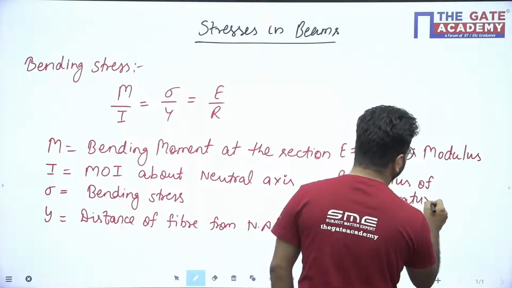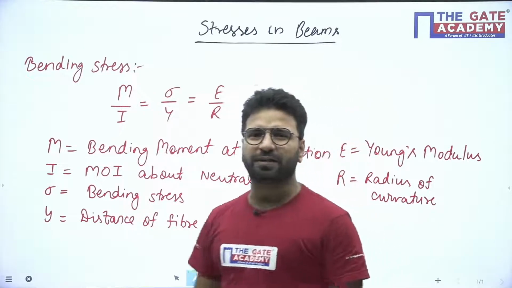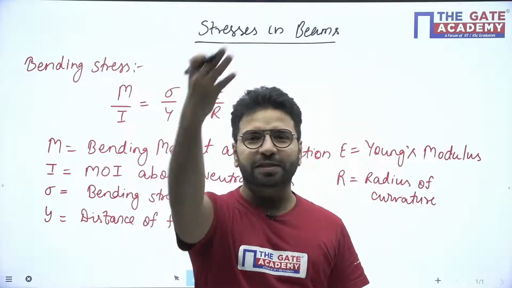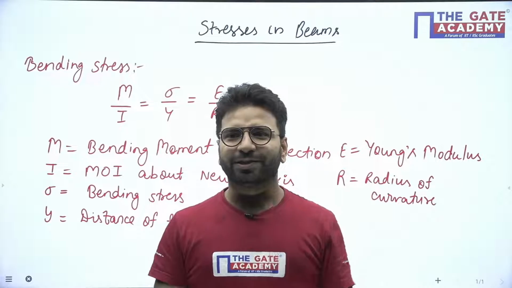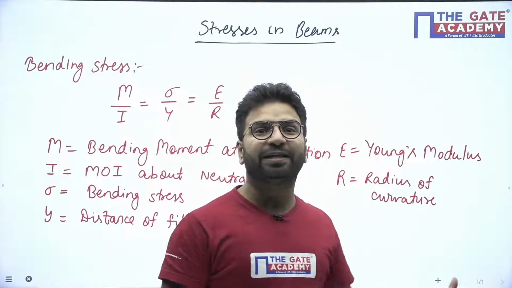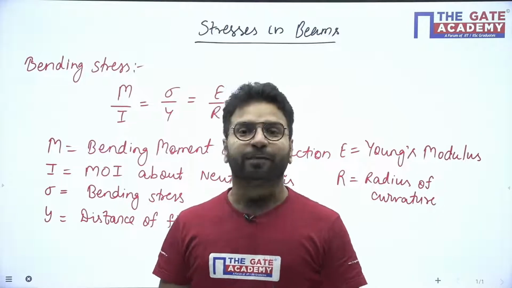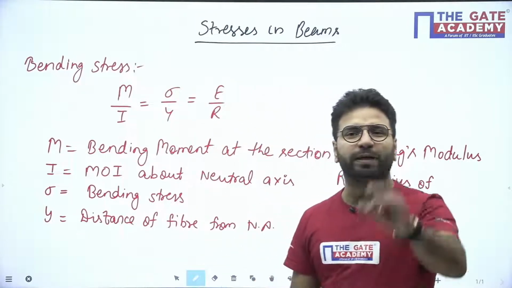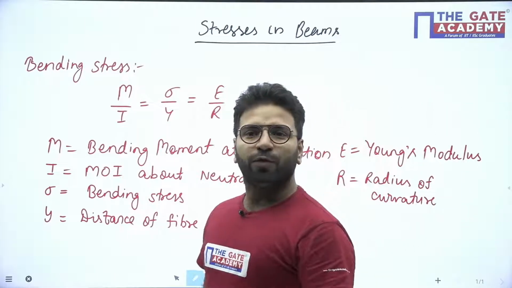You will ask me, sir, how is the radius coming into the picture? The chapter is bending stress, and the radius is coming. Radius we generally study in geometry, when a circle is there. But here we are saying R is the radius of curvature. While we derive this equation, we make many assumptions.